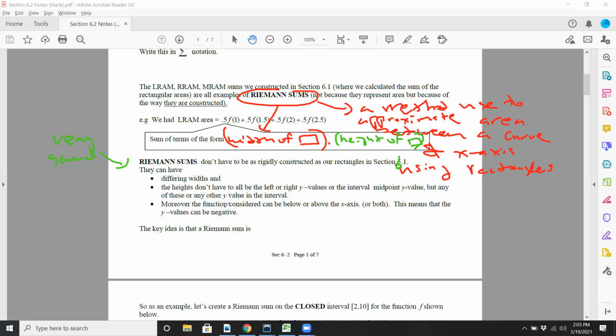And your function could be either below or above the x-axis. Again, we kept them above the x-axis in the last section because it just made things easier. But we do have to look at times when curves go below the x-axis, meaning the y values are negative.